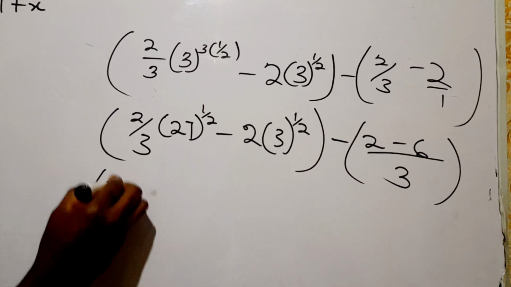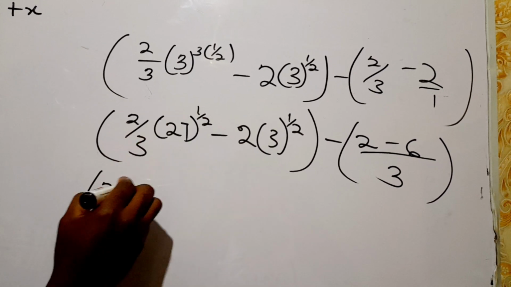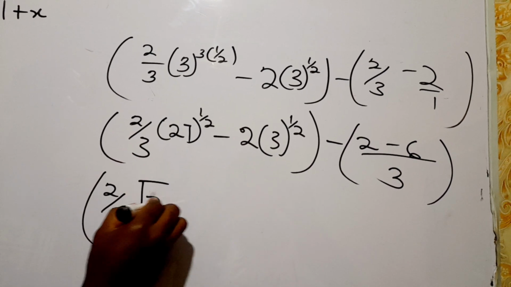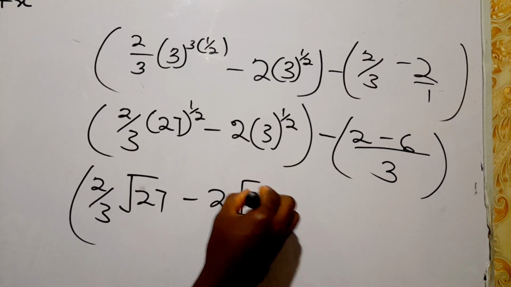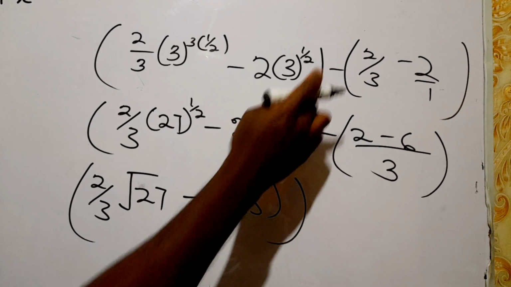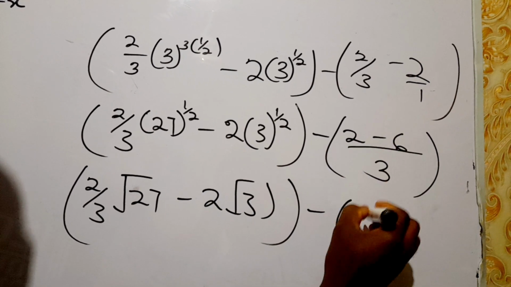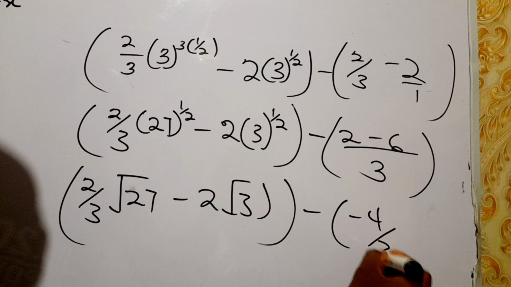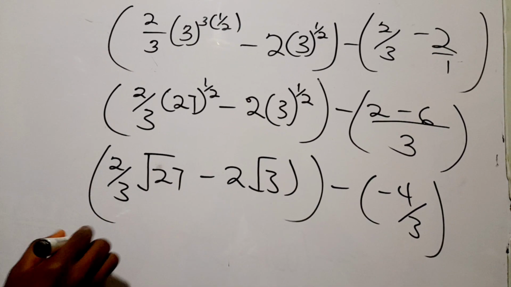Then we can rewrite this as 2 over 3. 27 exponent half is the same as the square root of 27, minus 2 the square root of 3. 3 exponent half is this. Then minus 2 minus 6 here will give us negative 4 out of 3. So we can write this in surd form.